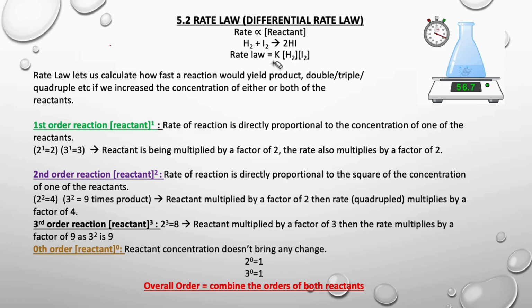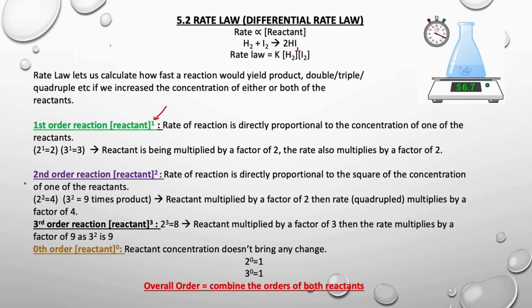The first order reaction means that if you double the concentration of a reactant and it also doubles the amount of product you yield, then it's a first order reactant, and you would write an exponent of 1.